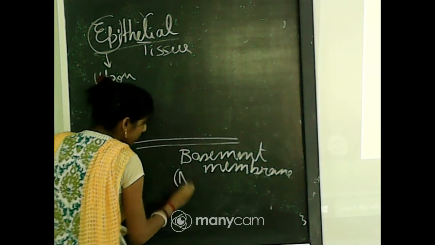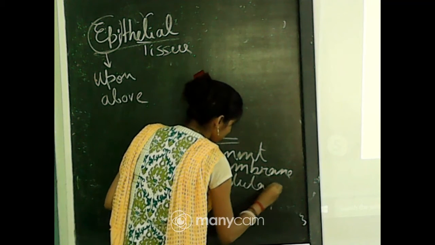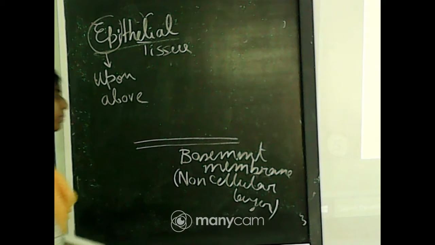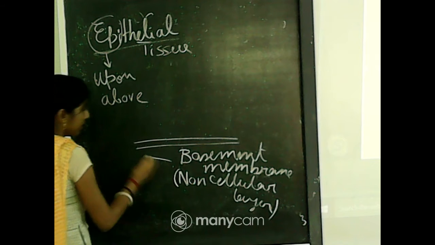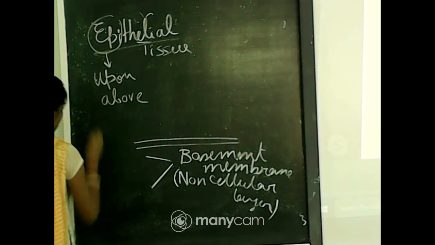The basement membrane is a non-cellular layer, and it can be divided into two.